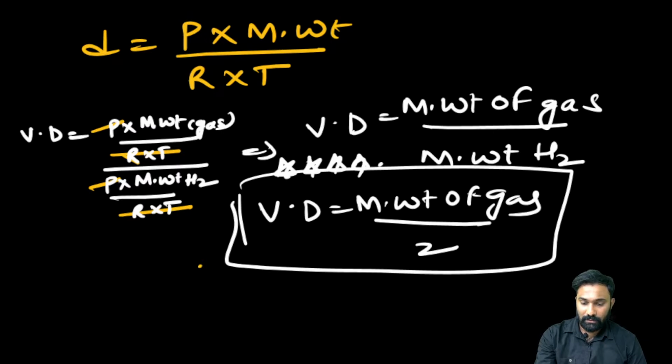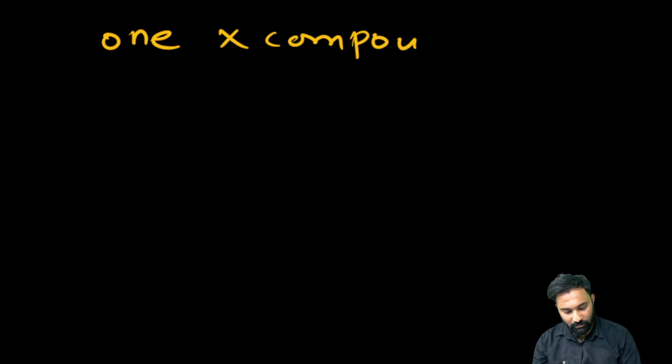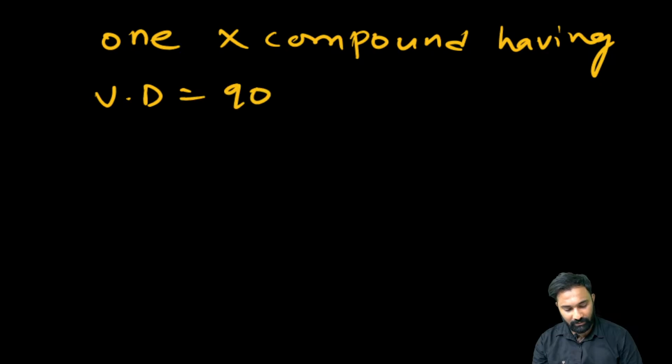Now, depending upon this formula, we will solve one question. A compound X having vapor density equal to 90. What is its molecular weight?